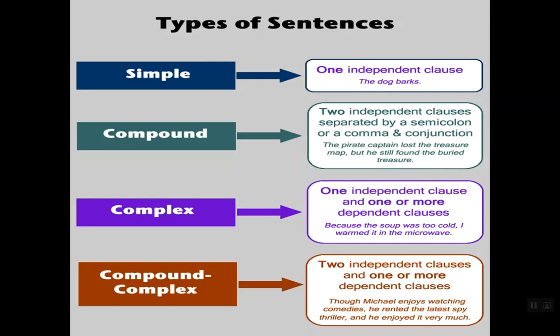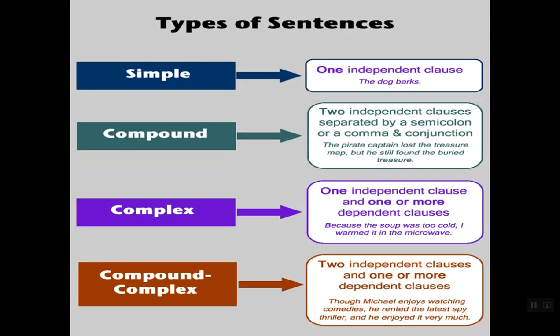Let's move to the fourth type, which is the compound complex. Compound complex means compound, okay? Compound means two, and a compound sentence means two independent clauses. So look, the first line: two independent clauses. Excellent. What about complex? I told you when this word comes to your ears, you have to know you're going to find a dependent clause, a subordinate clause.